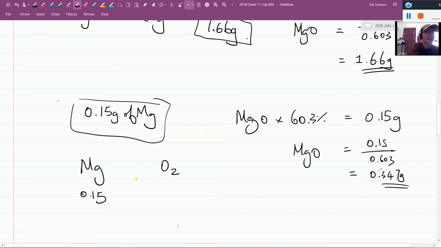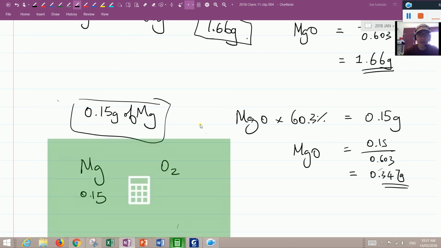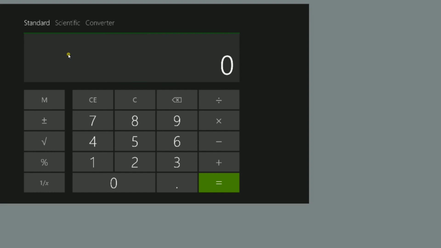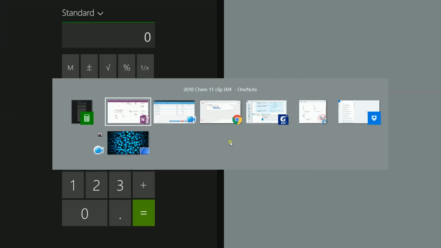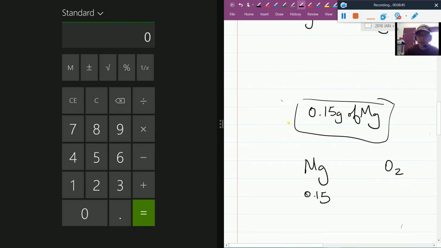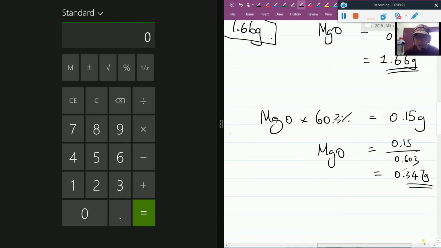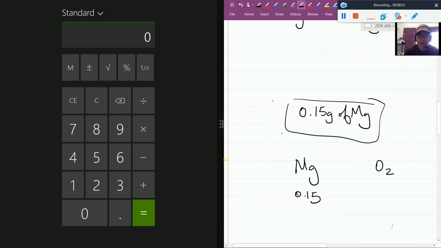Let's do that here: 0.347 take away 0.15.